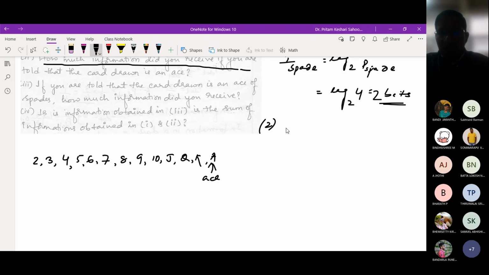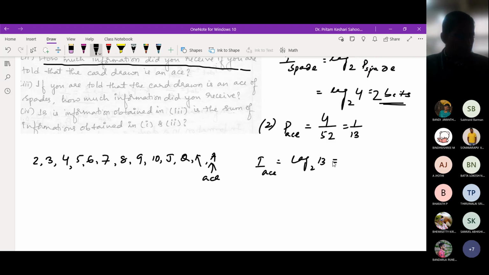So what is the probability that you get an ace card? There are 4 aces out of 52, so this is 1 divided by 13. So what is the information that you have? Information of ace is log base 2 of 13. So this answer is 3.7 bits.